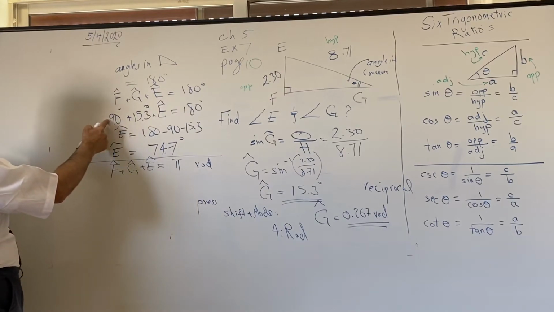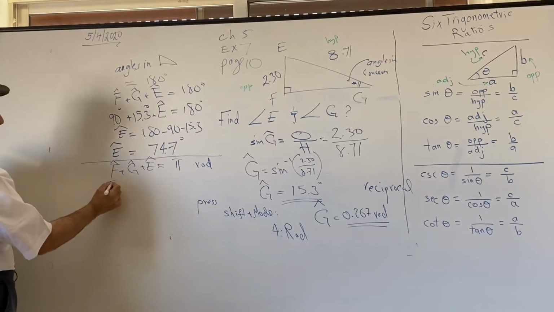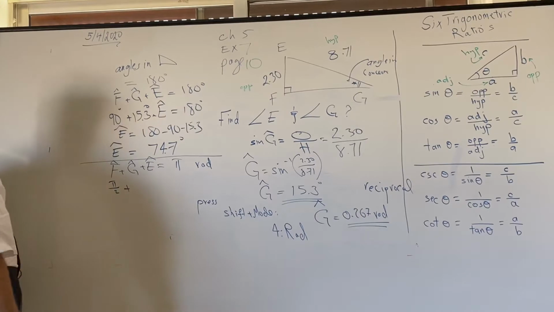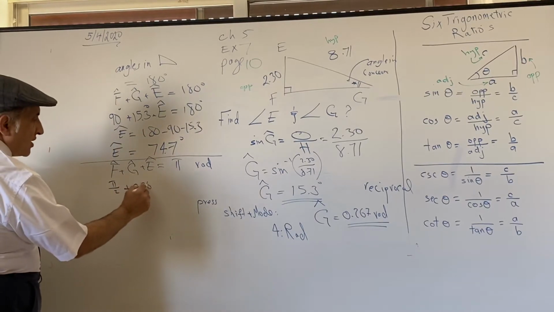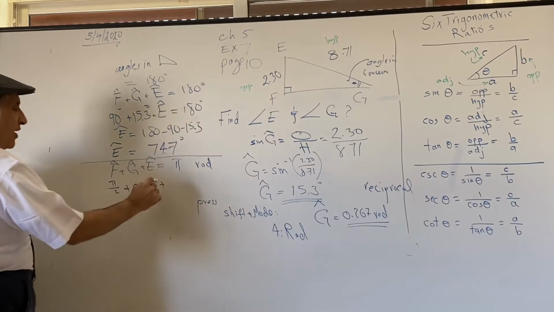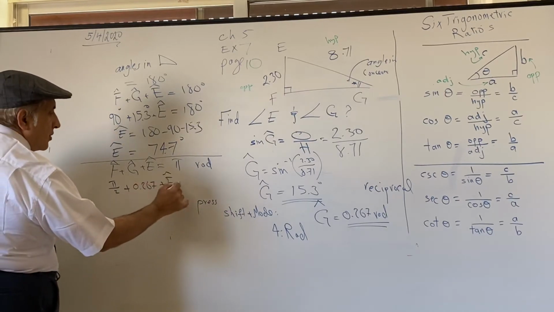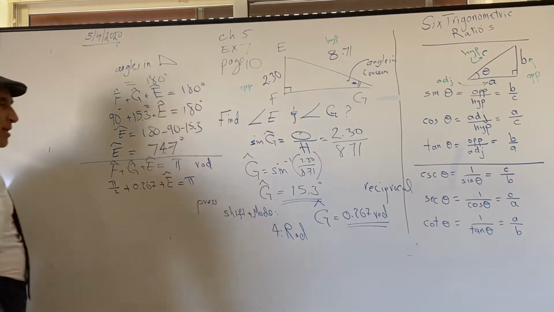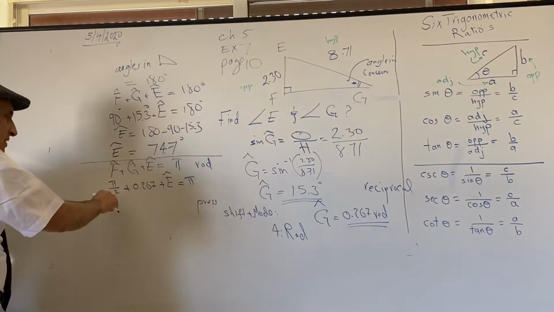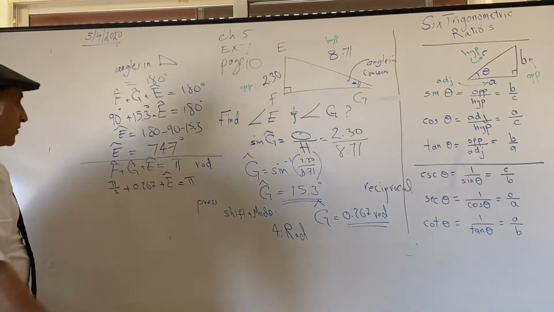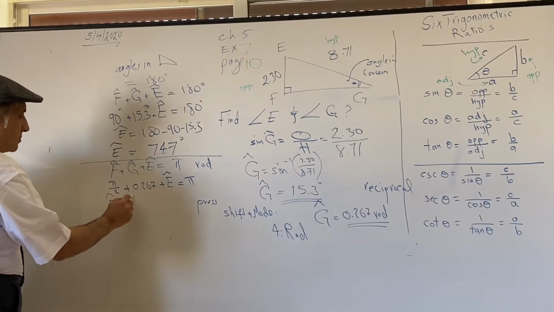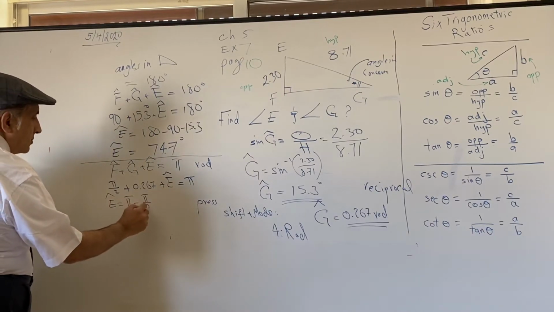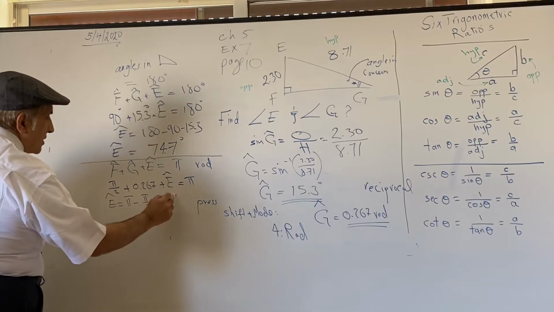F is 90, half pi, so pi over 2. What's G? We just found it, 0.267. So in order to find E, we go to the same arrangement. This minus that. So E is pi minus pi over 2 minus 0.267.